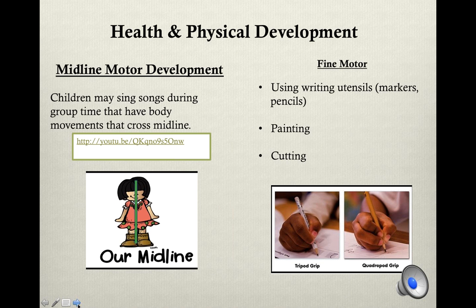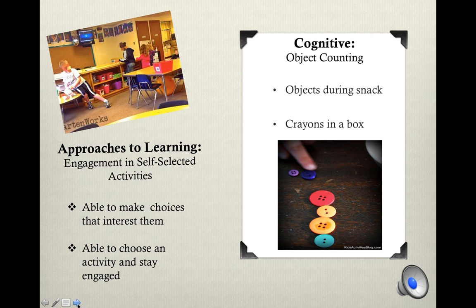To think about how students are crossing that midline. How are they using their bodies? Opportunities when children work independently and they use writing utensils, or they're painting, or they're cutting. Thinking about those areas in regards to the whole child and in regards to the health and physical domain, it gives a teacher an opportunity to gather that information to support that learning status determination.